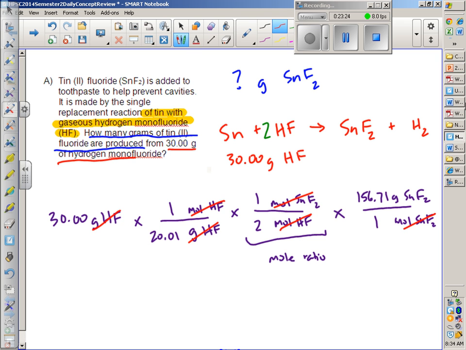Right? Now it's just a math problem. The first problem was 1 step. The second problem we did was 2 steps. These are 3 steps. But it's definitely a pattern.